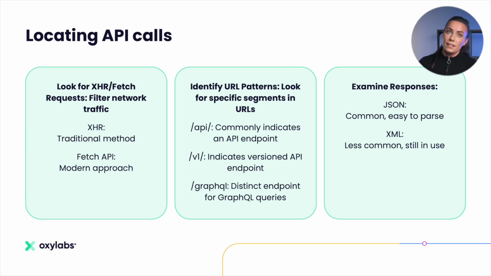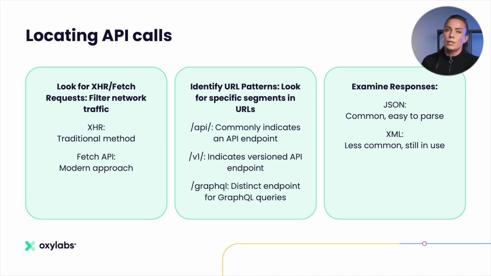Now, to identify API calls on a website, you need to pay attention to some cues and patterns. First step is to filter the network traffic in your browser's developer tools by XHR and fetch requests. These are the two primary methods websites use to communicate with servers. Then, pay attention to the structure of URLs. API endpoints often have specific URL patterns.